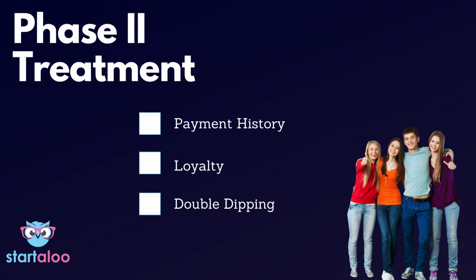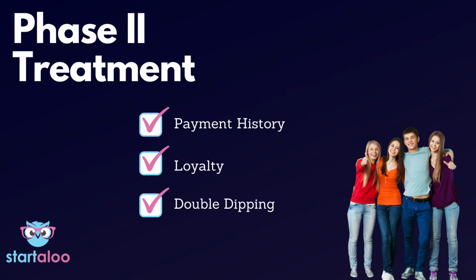I used to find phase 2 a challenging conversion. I've already asked them for a large sum of money for phase 1, and now it's time to ask them again. My conversion rates were relatively low.